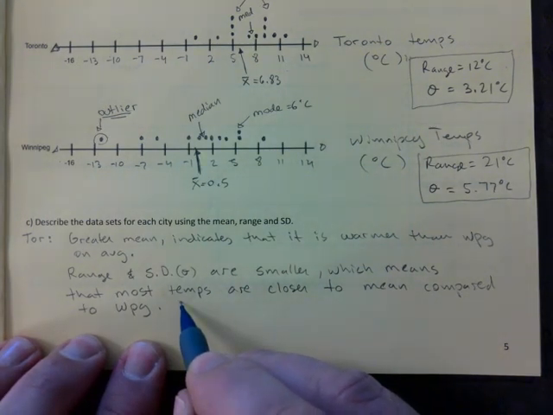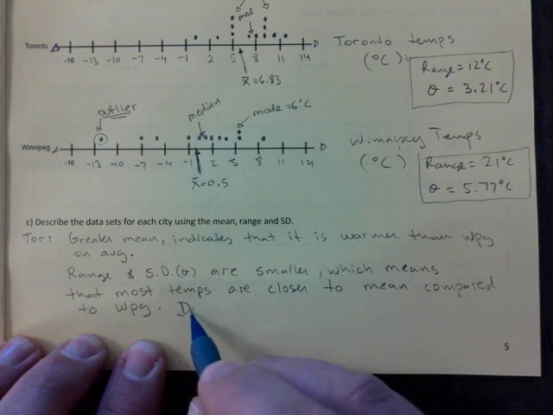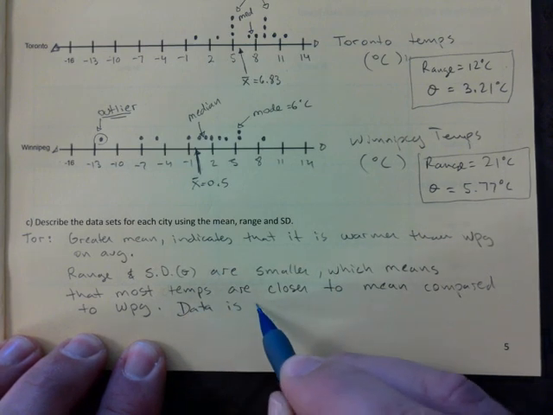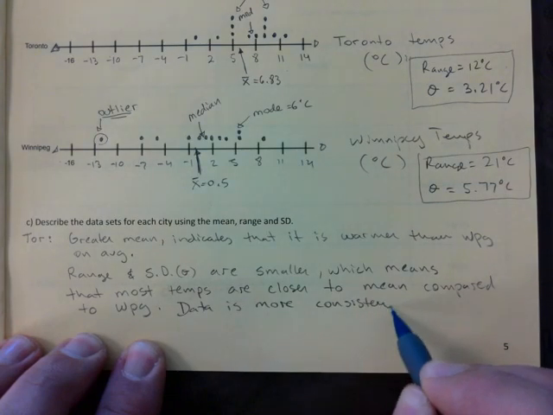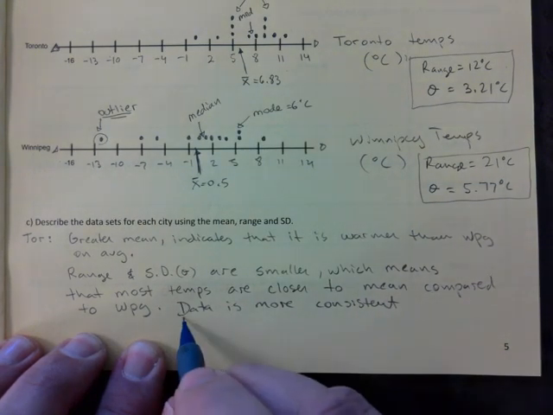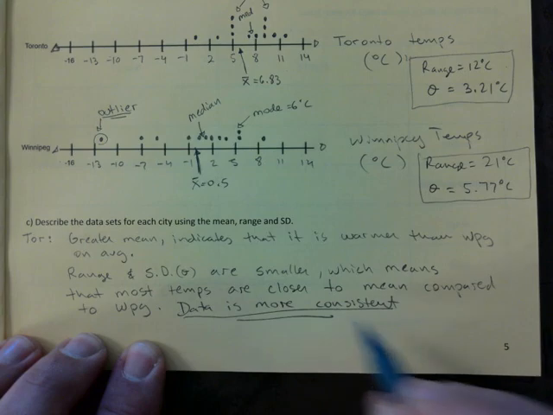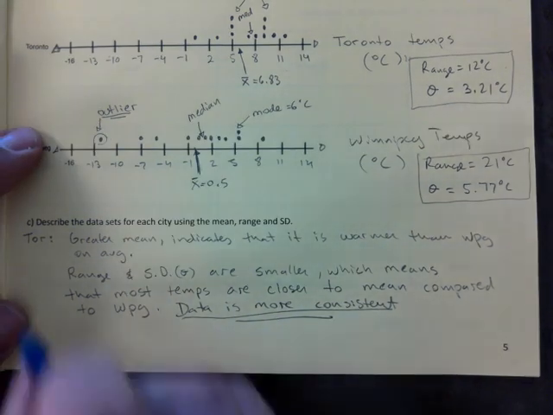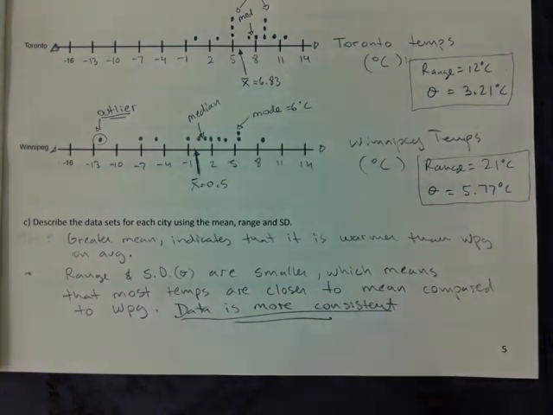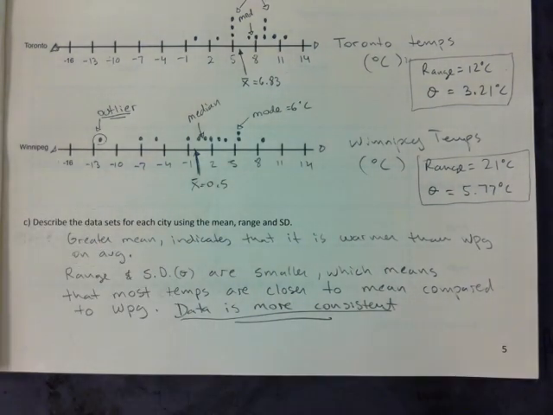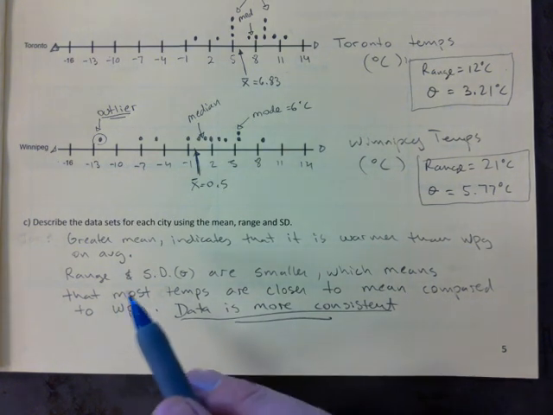The data is more consistent. So I'm going to erase the Toronto part here, because this summarizes it for both.